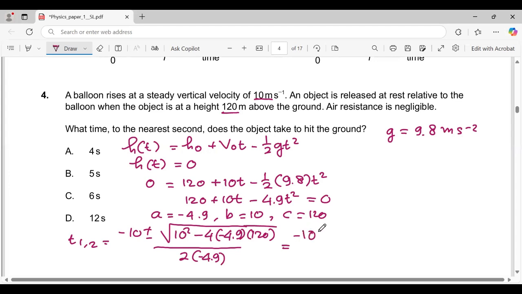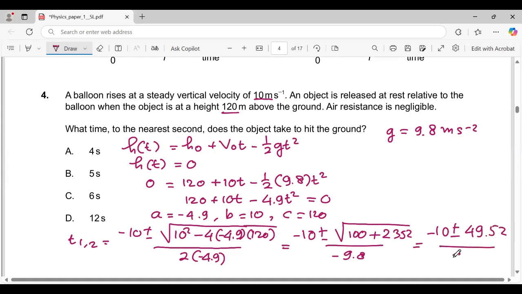It becomes minus 10 plus or minus the square root of 100 plus 2,352, divided by minus 9.8. The square root of this number is 49.52, divided by minus 9.8.